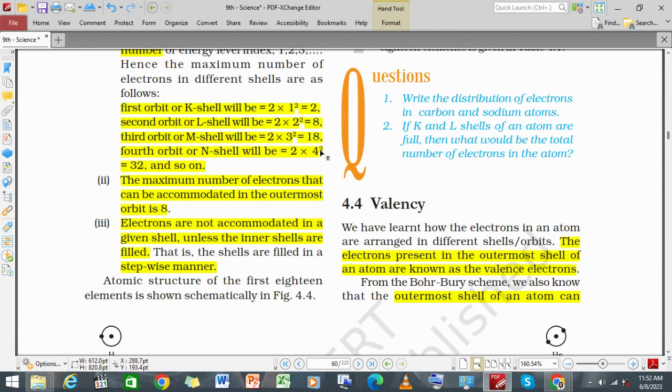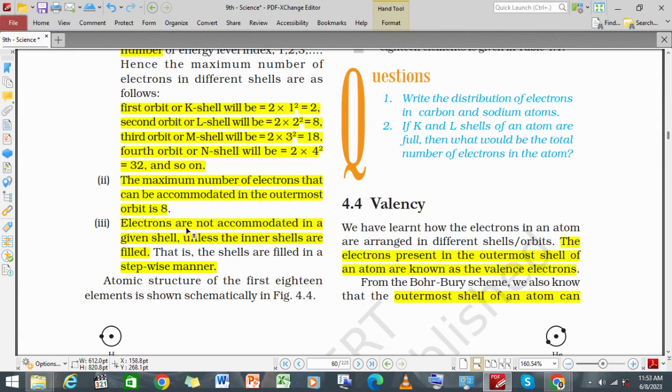So 2, 8, 18, 32. The maximum number of electrons that can be accommodated in the outermost shell is 8. It should not be more than 8.